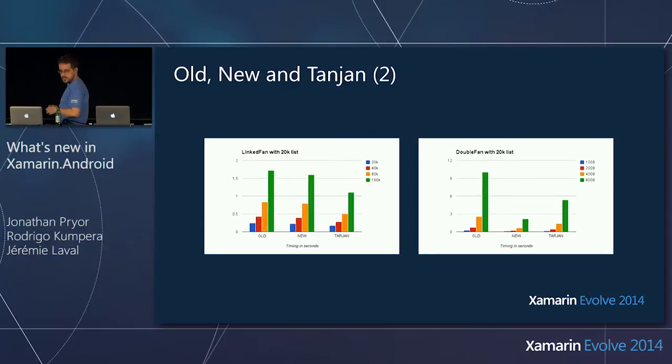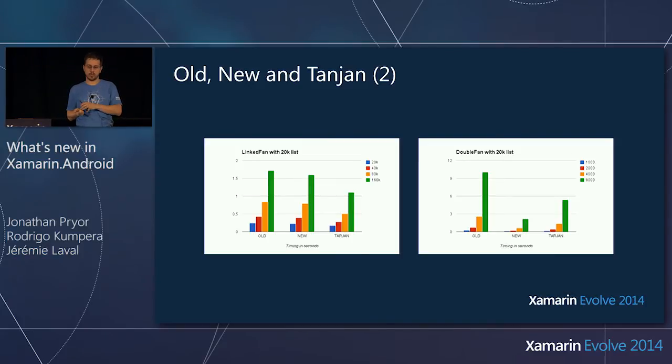And here we can see that there's another interesting aspect. The first one, the linked fan, is just like the other, but inside out. So we have one object that points to every single thing. You can see that Tarjan is still faster than the old and new. And so it seems it's faster.